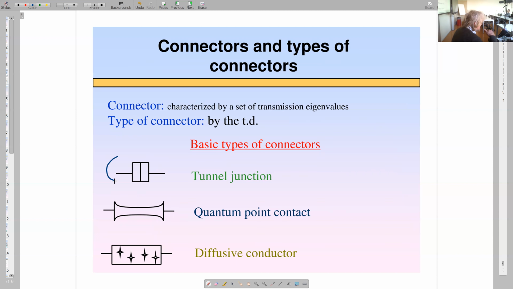Simple things which we can estimate right away are tunnel junction and quantum point contact. And in several steps you also reach another basic element, diffusive conductor.